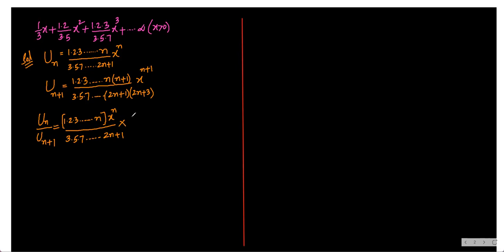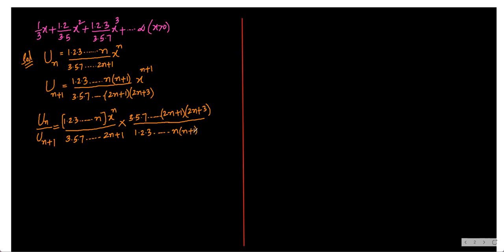So when we take the reverse of this one, we are getting 3 into 5 into 7 and so on, 2n plus 1 into 2n plus 3, and this is divided by 1 into 2 into 3 and so on, n into n plus 1.